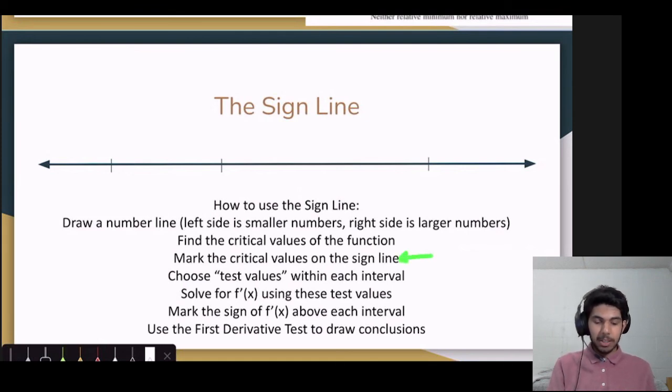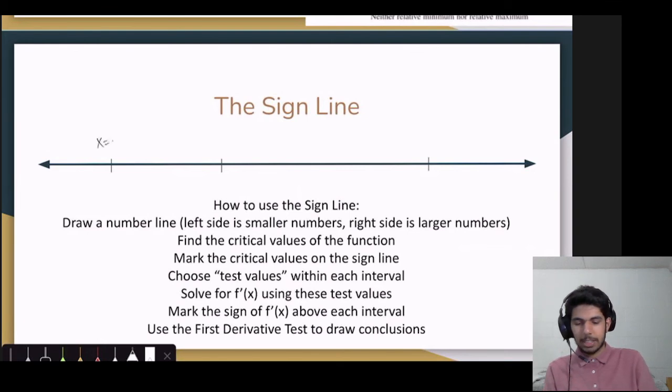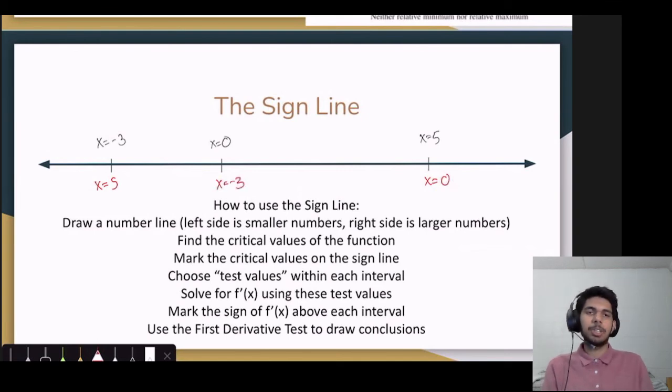Then you want to mark the critical values on the sign line. So for example, this could be x equals -3, this could be x equals 0, this could be x equals 5, right? It just has to make sense the way that we label it. This should not be x equals 5 and x equals 0 and x equals -3. That just doesn't follow how numbers work. We want the smaller values on the left and the higher values on the right.